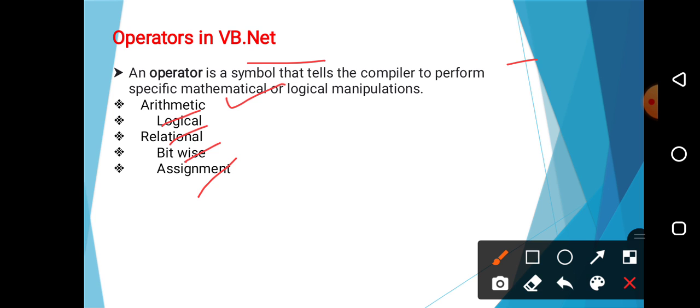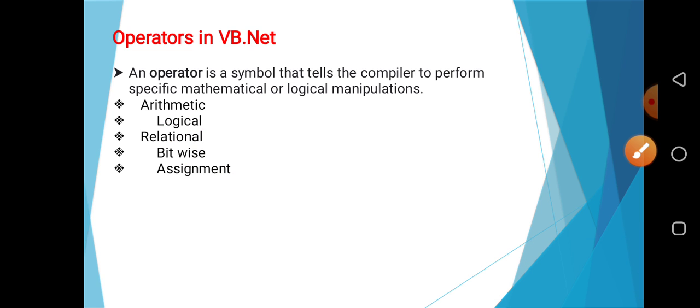Now, what is the use of operators in VB.NET, or what is the use of data types in VB.NET? Obviously, we are going to design GUI applications using VB.NET, therefore we need operators and data types. Now I am giving you an example.